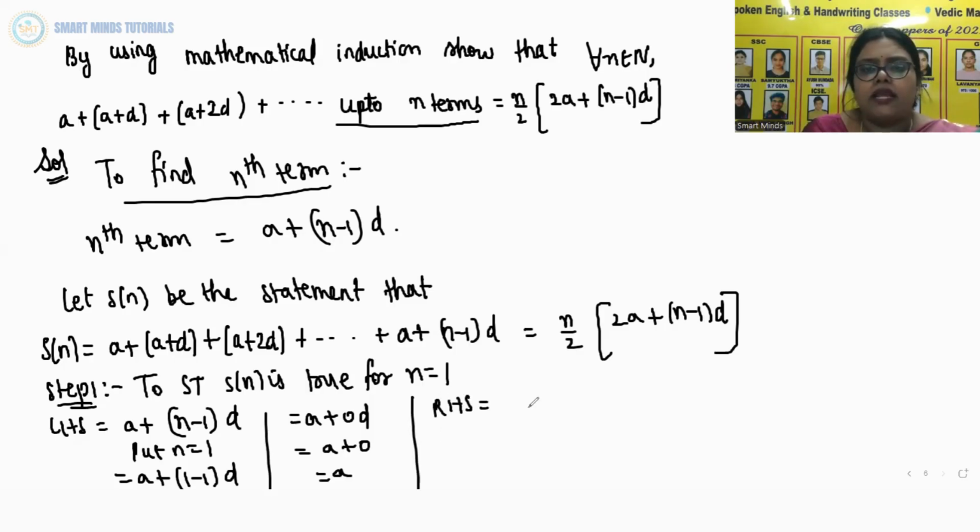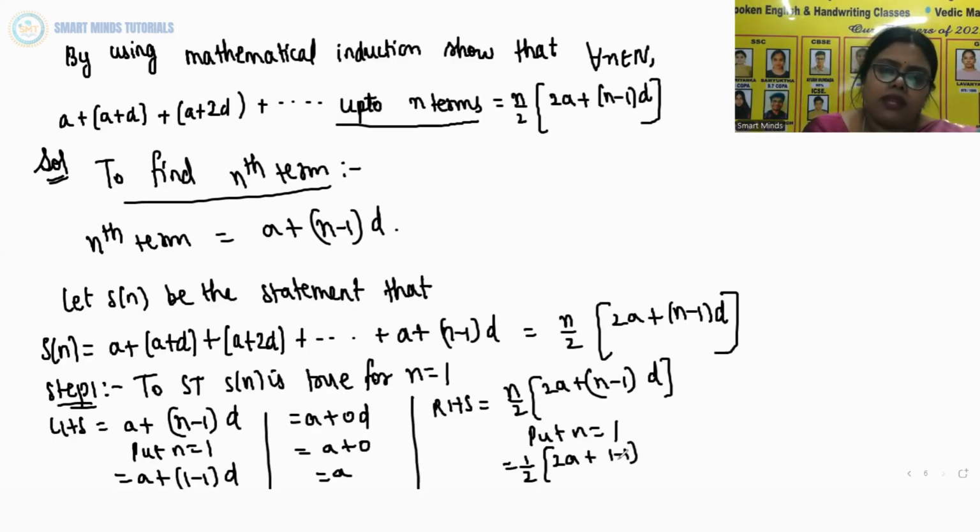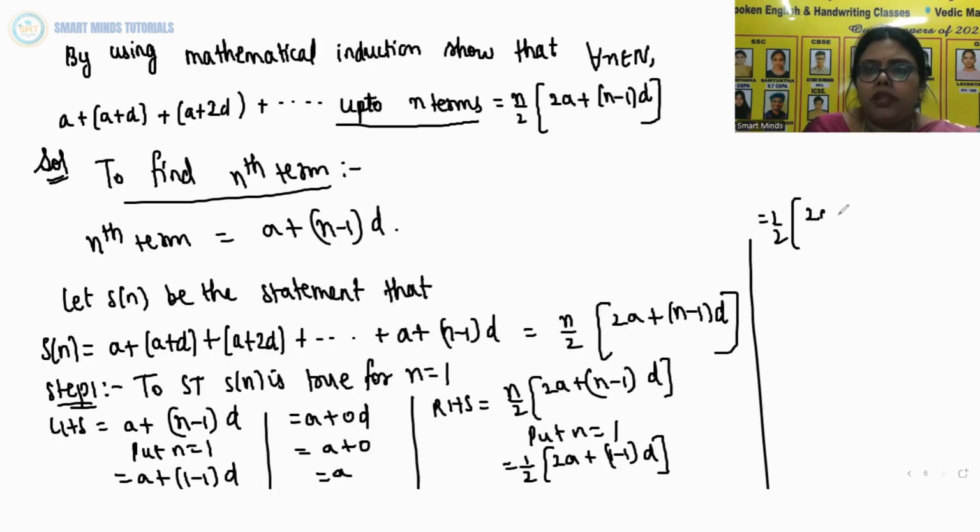Now let us take RHS. RHS is n/2 × (2a + (n − 1)d). Now over here you put n = 1. That is 1/2 × (2a + (1 − 1)d). So that is 1/2 × (2a + 0d), since 1 − 1 is 0.